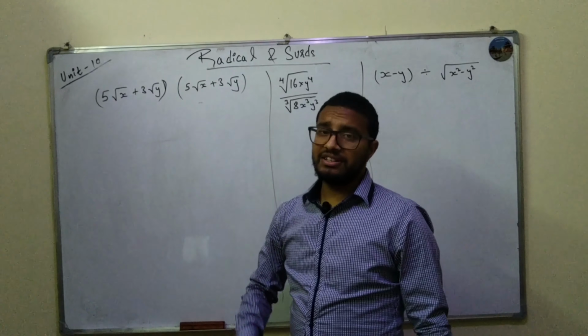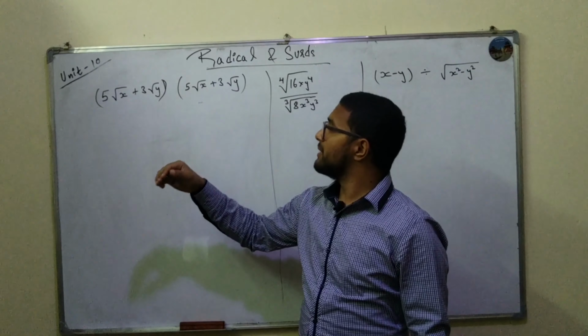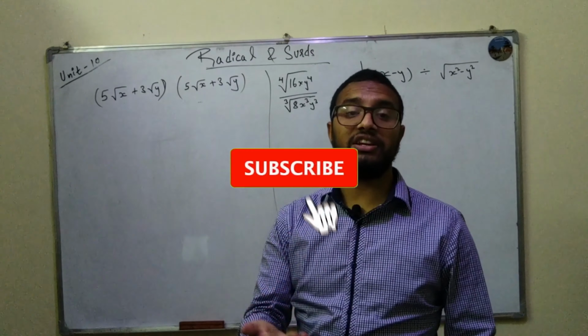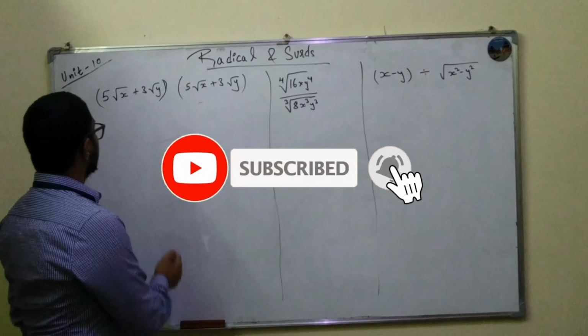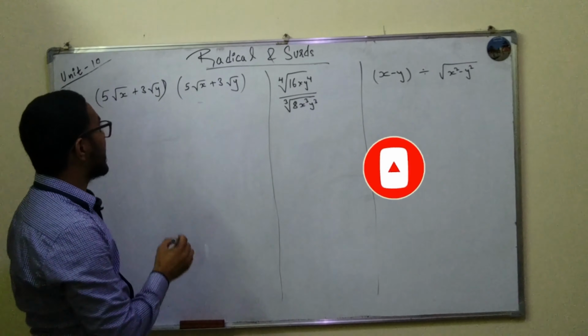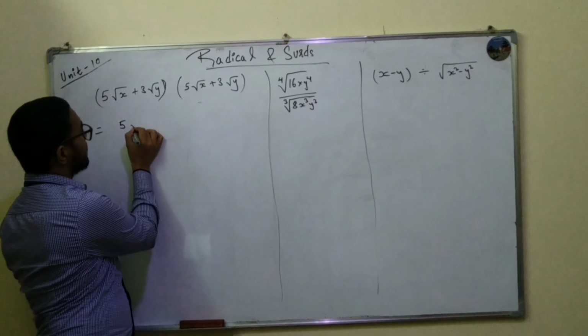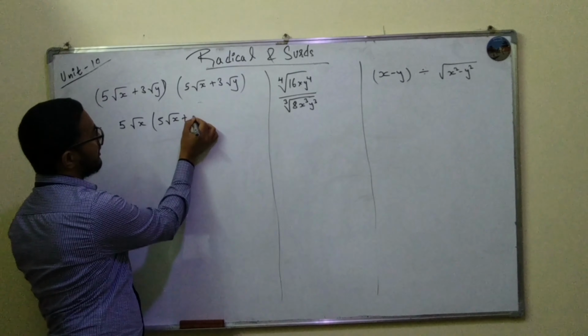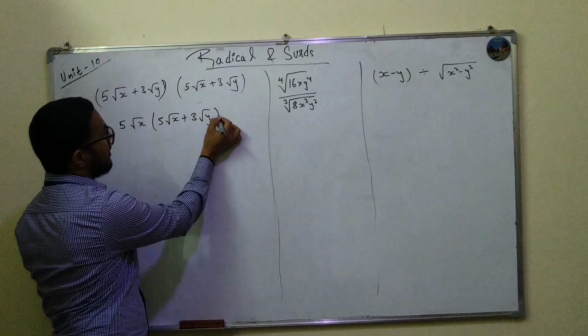So what we've been given is a mixed surd. Let's just multiply this. This is our simplification, okay? So what we do is multiply with 5 under root x first of all. So 5 under root x plus 3 under root y, times 5 under root x plus 3 under root y.